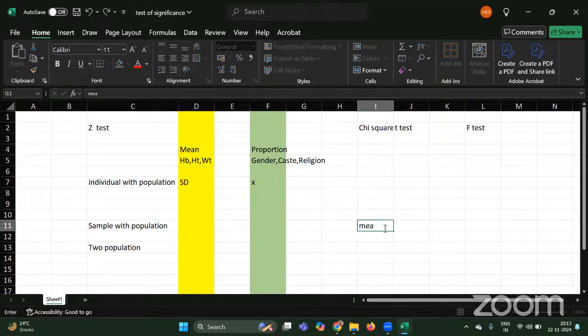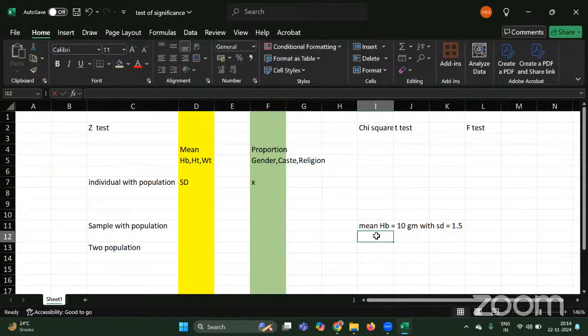let's say the mean hemoglobin level of a group is 10 gram with a standard deviation of 1.5 gram, and we have around 90 individuals, right?